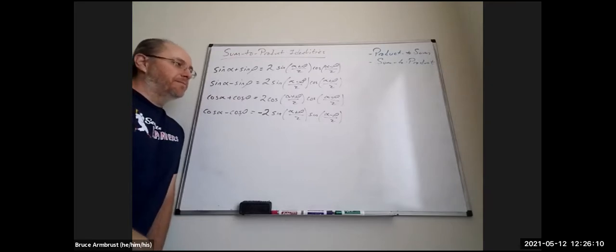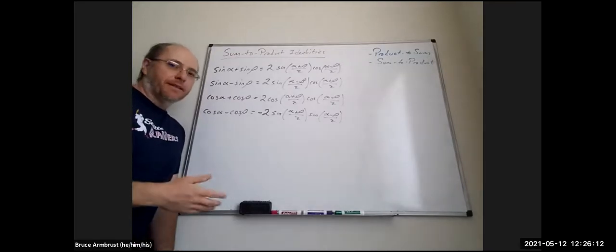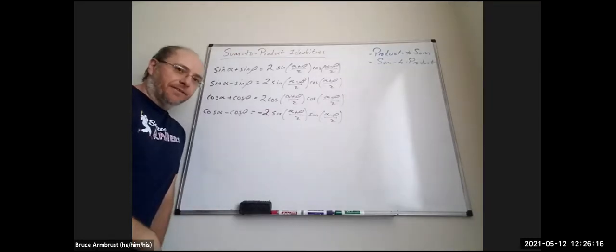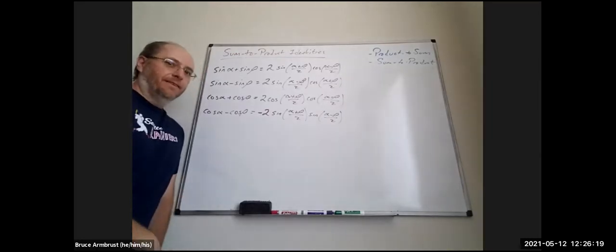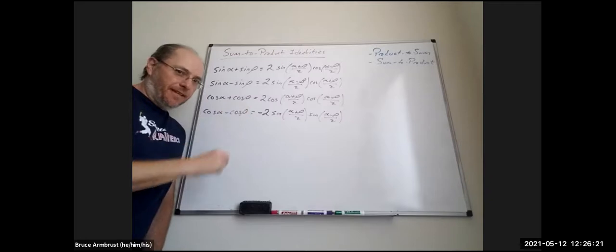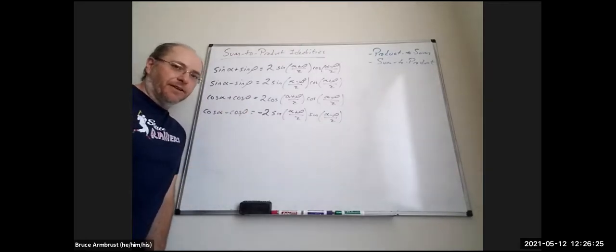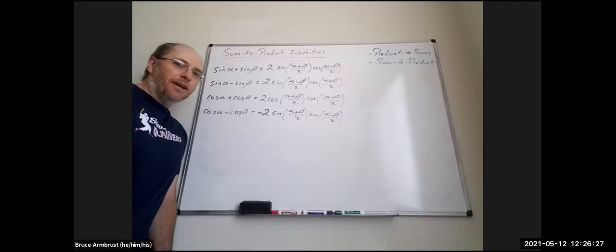All right, so where do the product-to-sum identities come from? They come from the sum and difference of angles for sine and cosine. You can follow the ancestry back to them.